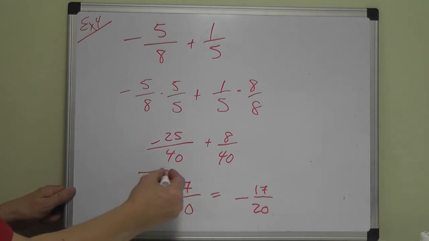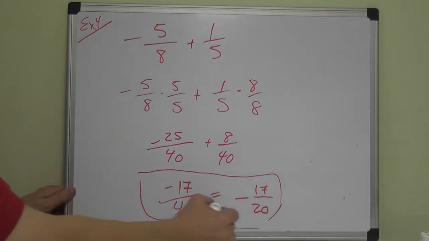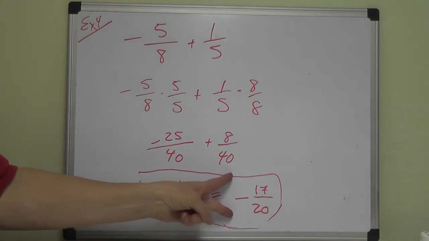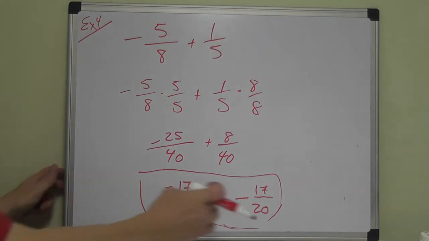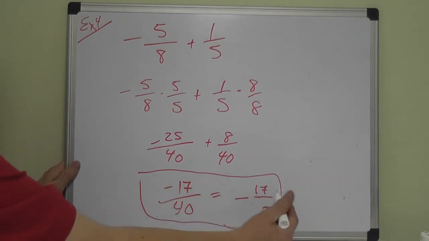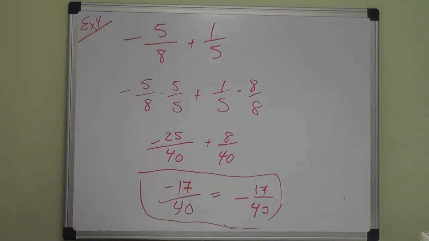But these have equivalent meanings, so I'm perfectly happy for you to show your answers as negative 17 divided by 40, or negative 17/40, or 17 divided by a negative 40. Any of those are perfectly acceptable.